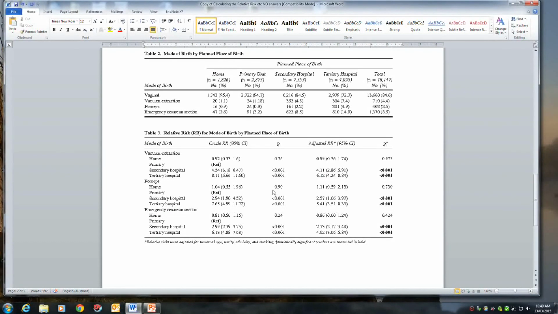So let's go down our crude relative risk column, and we were looking at the outcome of an emergency caesarean section, which you can see here, and we were comparing women who were planning to have their babies in a primary unit, a home birth or a primary unit. So you can see the relative risk here, 0.81.